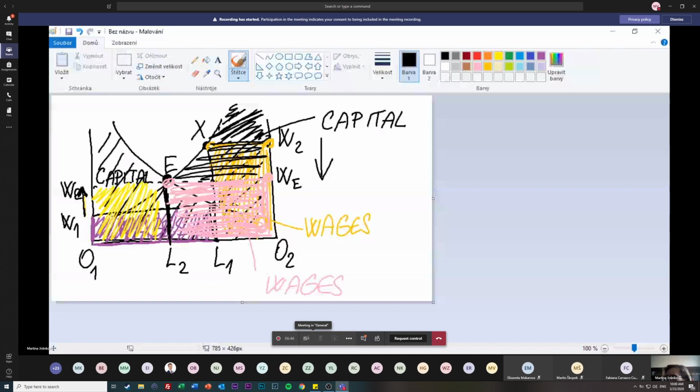That's the reason why they have now less profit. In the second country, they have the fixed quantity of capital, it was the assumption, and for the fixed quantity of capital, they have now more people. So that means that the capital is better used. That's the reason why the profit from capital is higher.